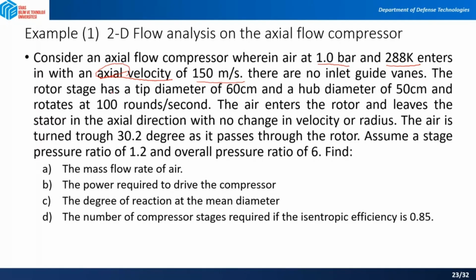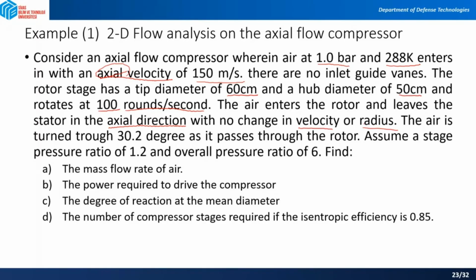The rotor stage has a tip diameter of 60 and hub diameter of 50 cm, and it rotates at 100 rounds per second. The air enters the rotor and leaves the stator in the axial direction with no change in velocity or radius.